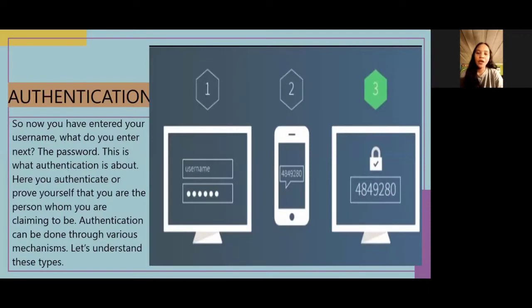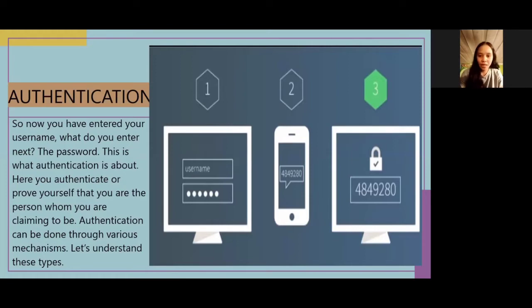Authentication. So when you enter your username and when you enter next the password, this is what authentication is about. Here you authenticate or prove yourself that you are the person whom you are claiming to be. Authentication can be done through various mechanisms. Let's understand this type.